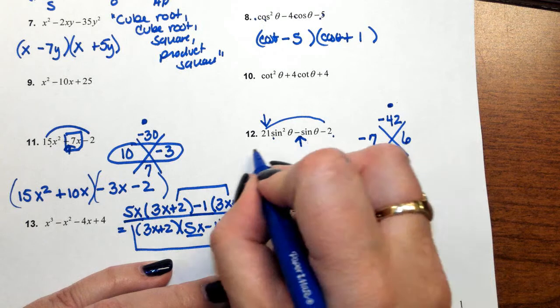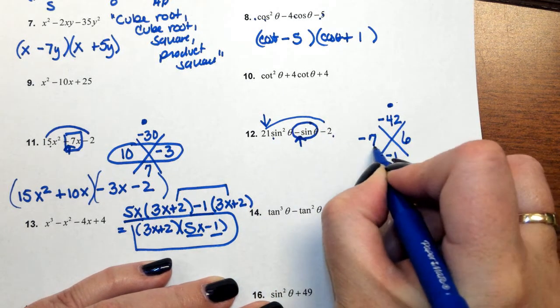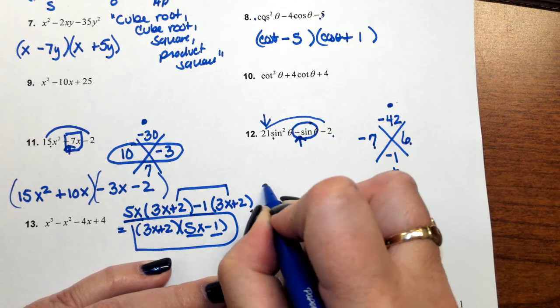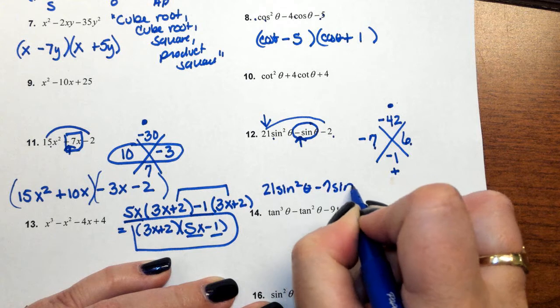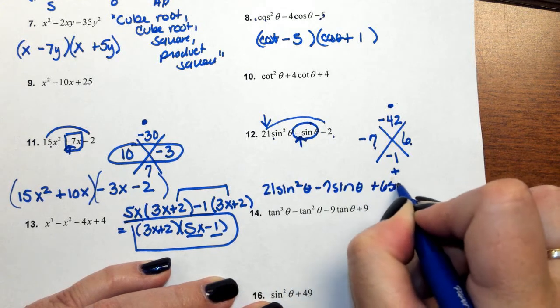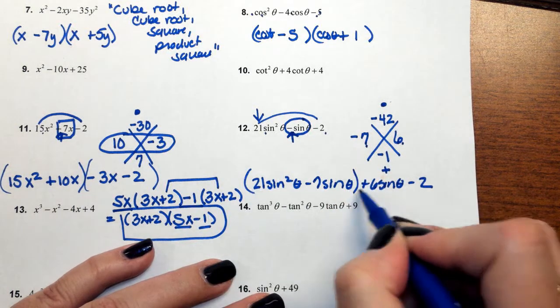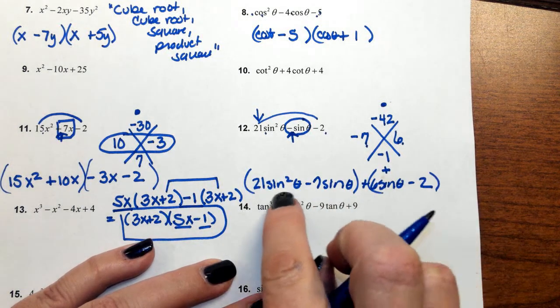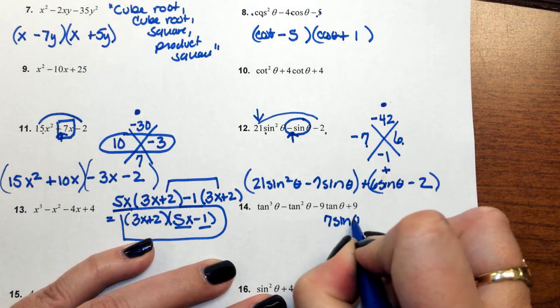So I can, again, do my grouping, rewriting this negative sine theta into negative 7 sine theta plus 6 sine theta. So 21 sine squared theta minus 7 sine theta plus 6 sine theta minus 2. Now do your grouping. The GCF I can pull out of the first set of parentheses is a 7 sine theta.